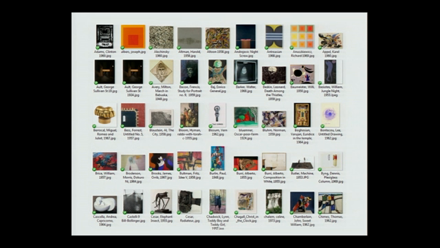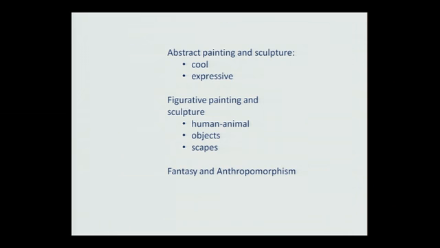Spending a lot of time doing that, wanting to get the categories really down to a few manageable ones, I came up with the following categories that I thought captured something about taste.